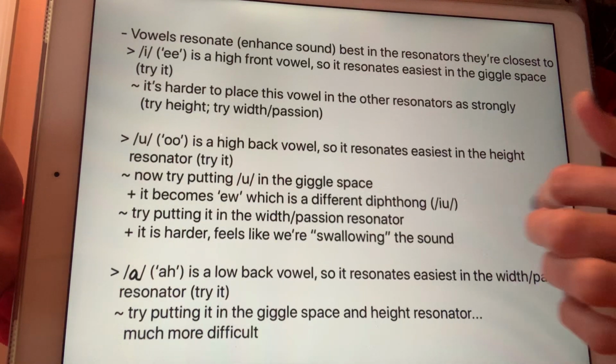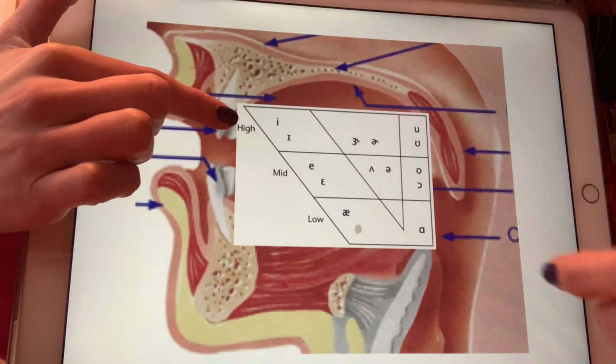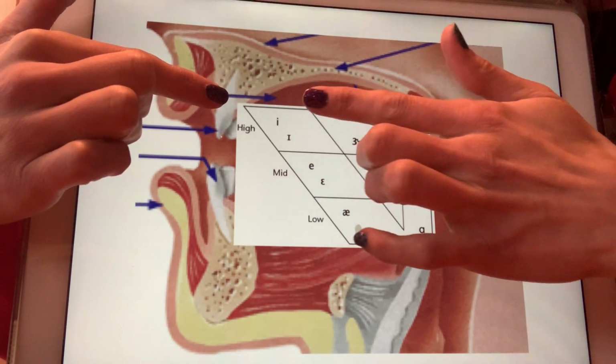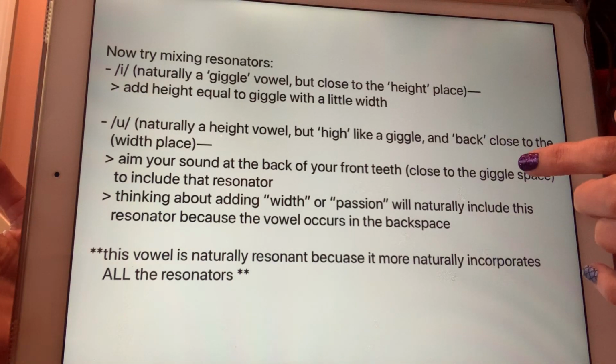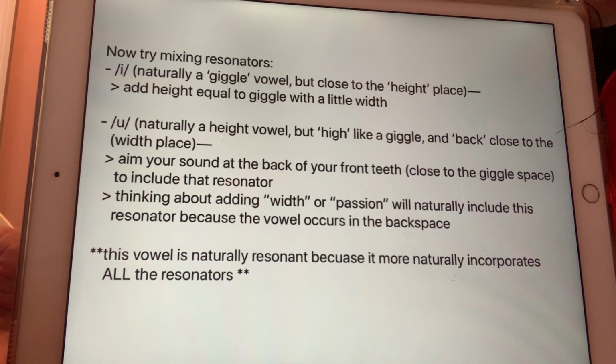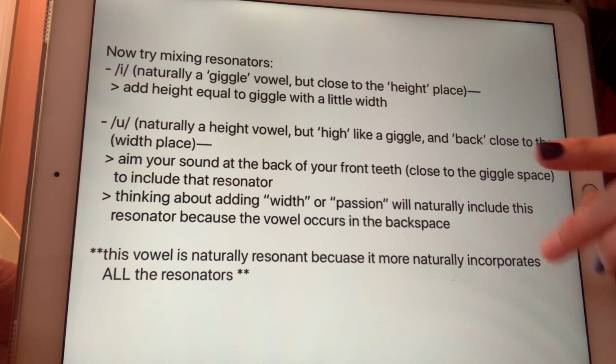Because oo is here, we're going to move that sound a little bit farther forward. So if we have ooh, ooh, you can hear the sound move forward a little bit.